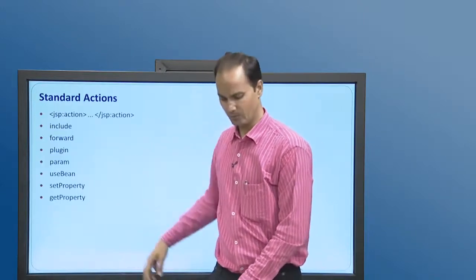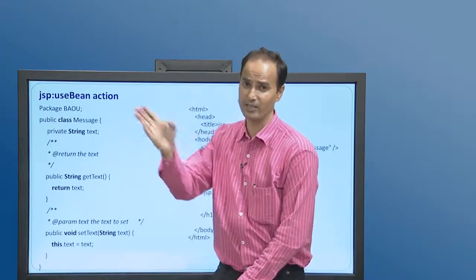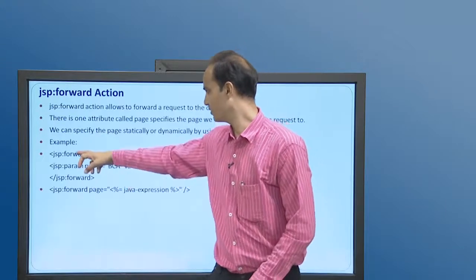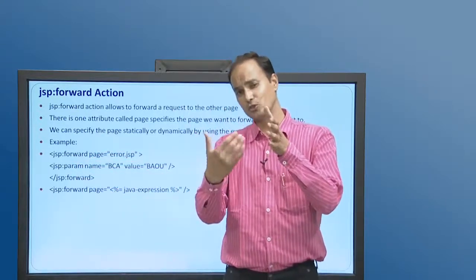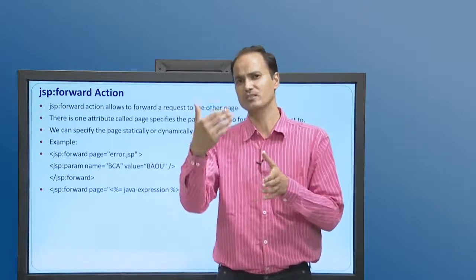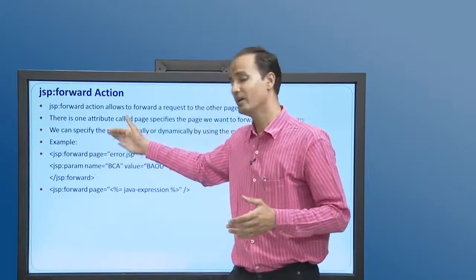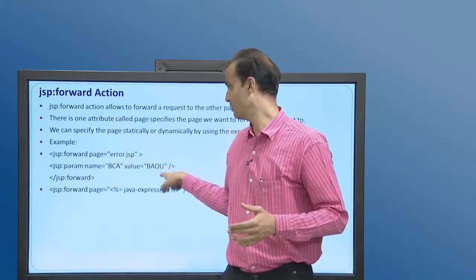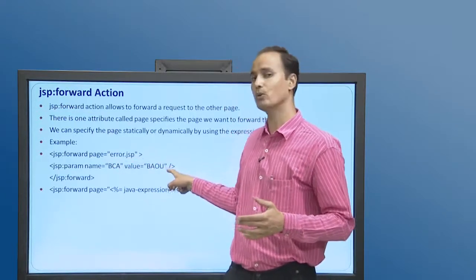See here, param stands for parameter. So, if you want to pass a parameter with an ongoing forwarded request, you can pass it along with the forward tag. jsp:param is used as a sub action to the jsp:forward action. As you are using jsp:forward, and under that you are using jsp:param along with its parameter, we are passing name BCA with value BAOU.